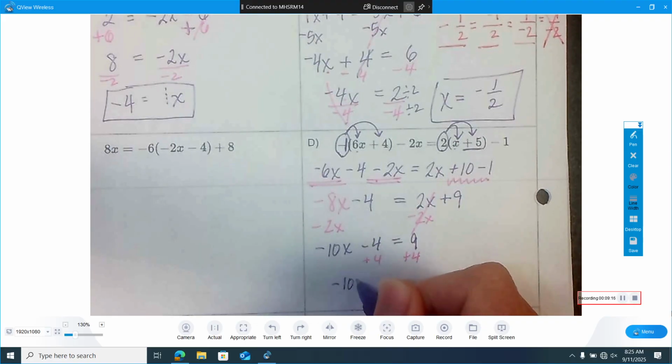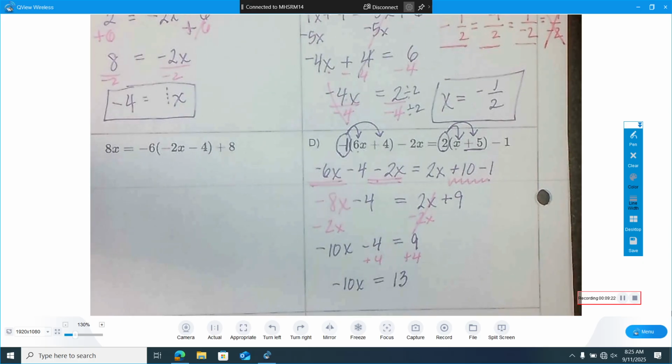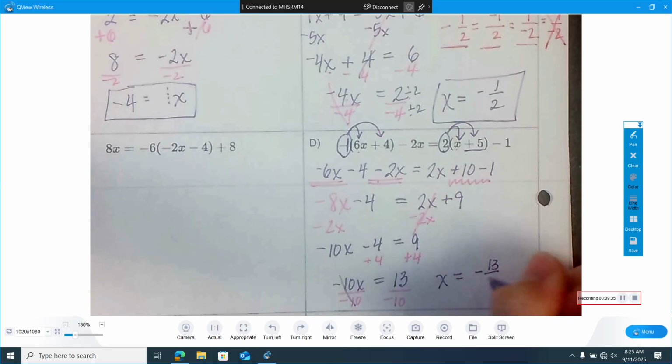We get negative 10x is equal to 9 plus 4 is 13. Good. And then I need to? Good. Divide by negative 10. Good. Those negative 10s reduce. So we get x equals negative 13 over 10 is a fantastic answer.